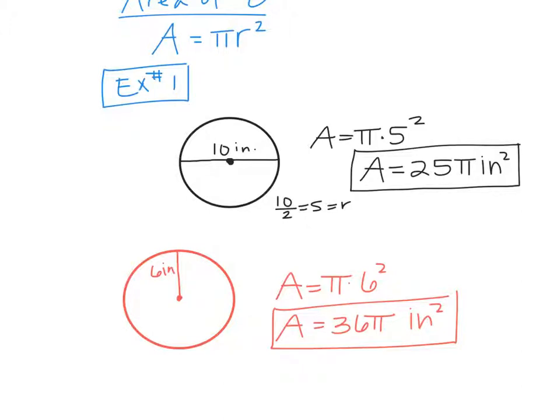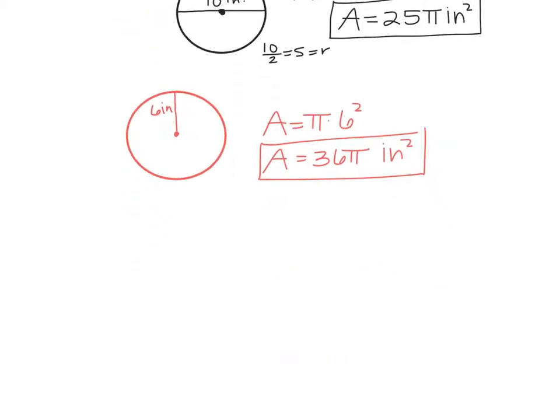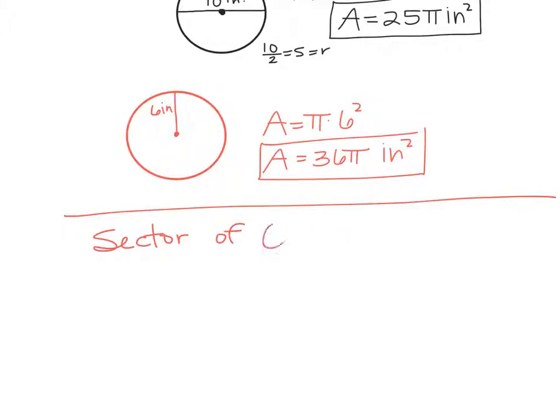Okay, that should not be new to you, but this probably is. We're going to figure out from that how to find the area of the sector of a circle. But first I just want to show you what a sector is. When we talk about the sector of a circle, we're talking about a piece of the pie.